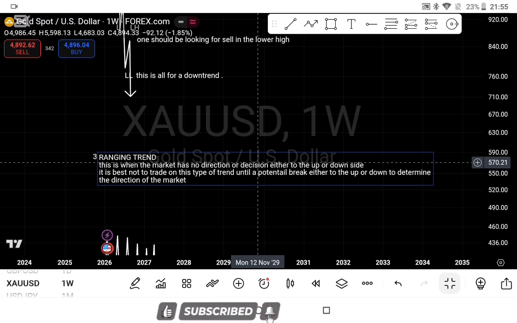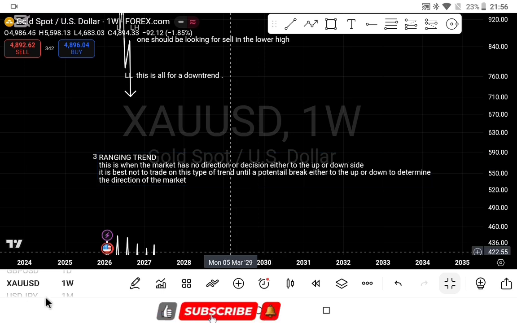It is best not to trade in this type of trend until a potential break, either up or down, determines the direction of the market. Guys, this is the worst time that one can trade, and it is advisable that we all avoid ranging markets, because in a ranging market you can never get a clear direction of where price is headed. It can never give you a direction of either a buy or a sell.